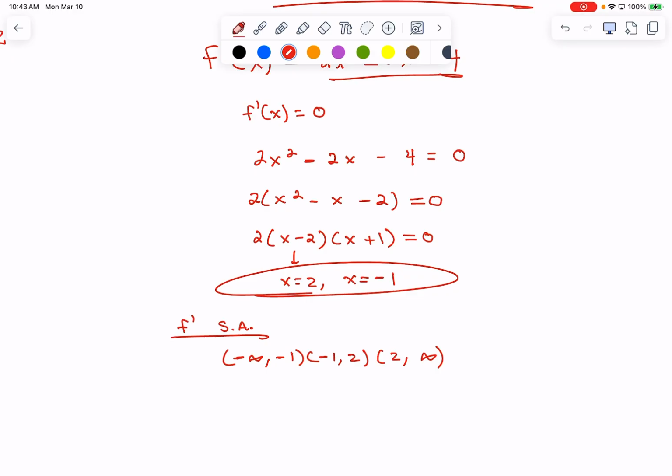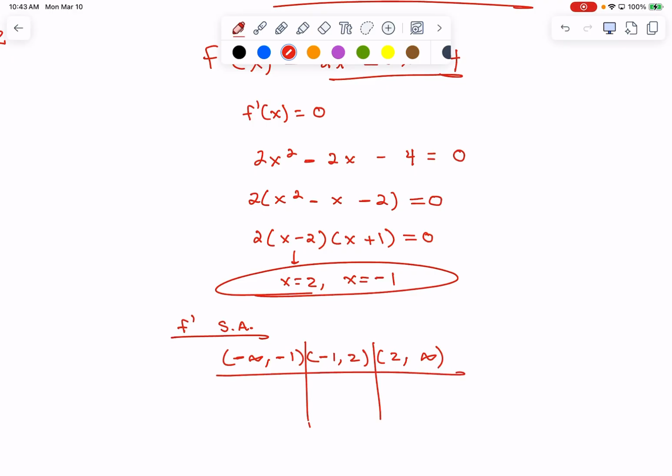Odd multiplicity would be like 1, 3, 5. Odd, the sign analysis always what? Alternates. Even multiplicity, the graph's going to bump in the derivative, so that means it's going to stay positive, positive for the derivative, or negative, negative for the derivative. So this is definitely going to alternate.